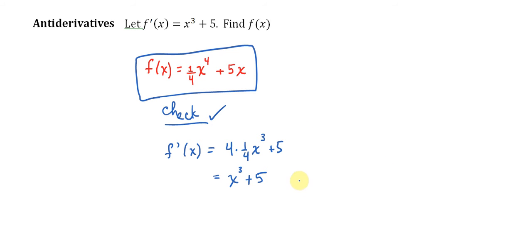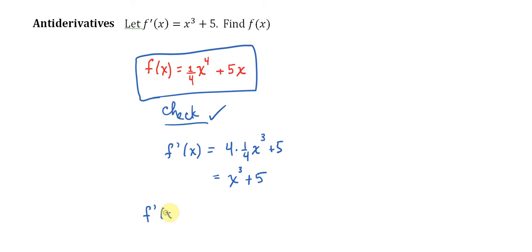Now you can kind of see the process here. Rather than just guessing and check, this coefficient is always going to be the reciprocal of this number. This number here is a 4, so we need to multiply by the reciprocal of this power here, so that when we take the derivative, the coefficient in the front cancels out and we get what we're looking for. So in this case, we can say that the definition of antiderivative is pretty simple.